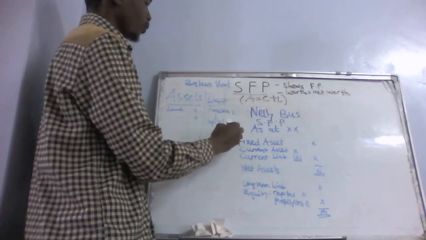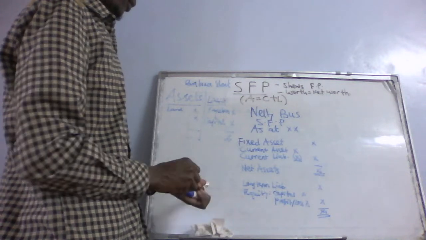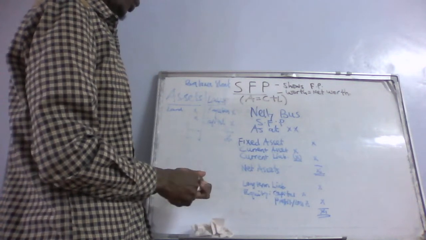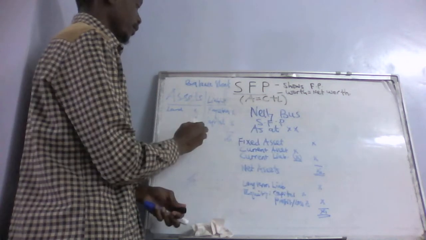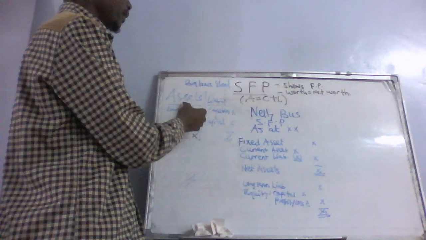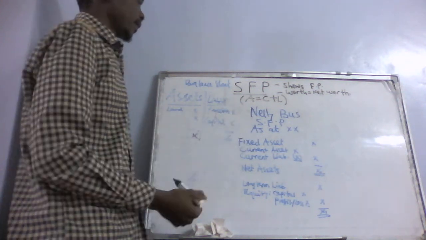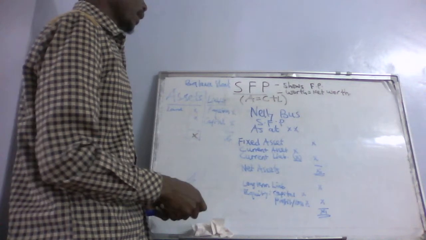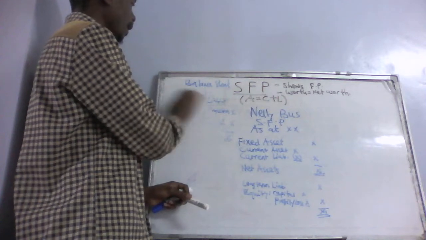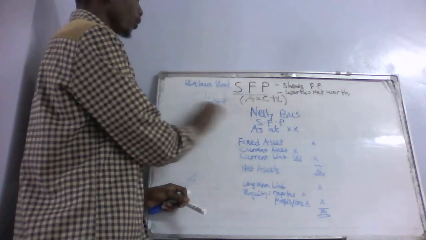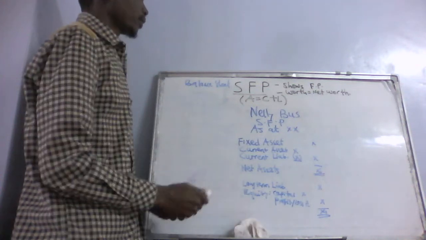So this one would show you very clearly how assets equal capital plus liabilities. But in this other format, it is not very clear, but it is still the same, though it is a little winded.